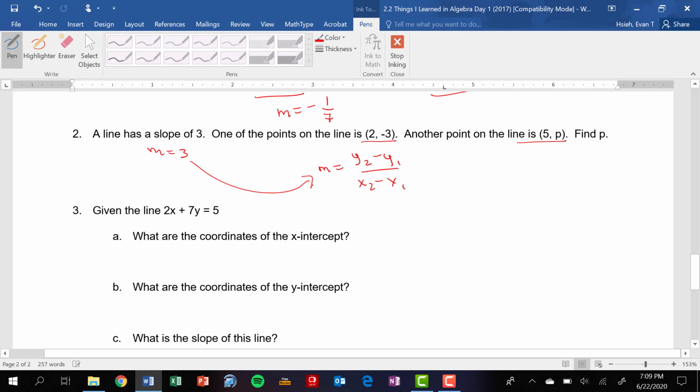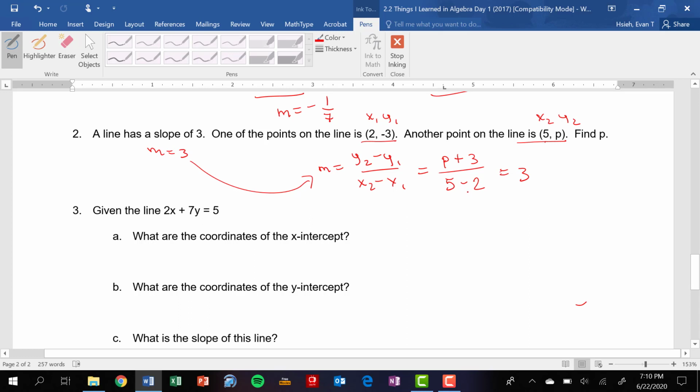So this is 3. I know that I can plug in. Let's just make this my x sub 1, y sub 1, and x sub 2, y sub 2 here. So it's going to be p minus -3, or plus 3, and then my x sub 2 here is 5 minus positive 2, and that's just equal to positive 3.